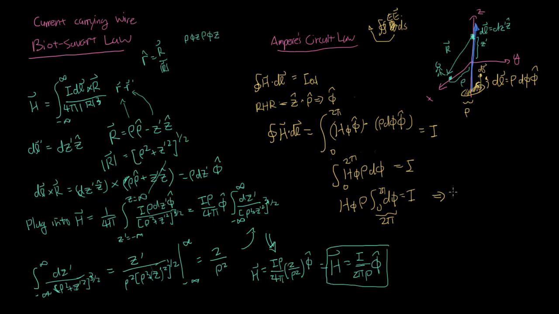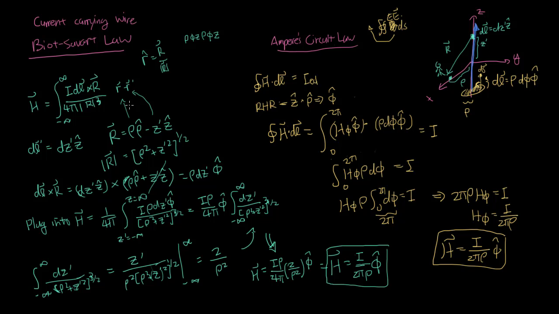Therefore, you get 2 pi rho H phi is equal to I. H phi is therefore equal to I over 2 pi rho. So then we end up with the same result. H has a single component, the phi component: I over 2 pi rho in the phi direction.